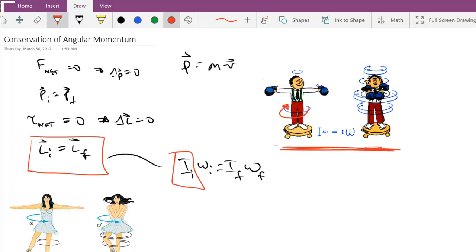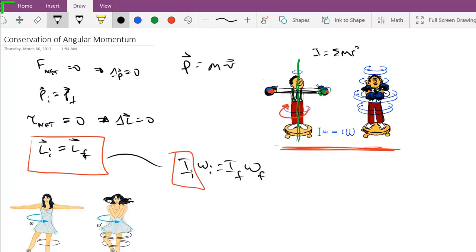As he has these barbells out on the far edges, his mass distribution is very far from his axis of rotation. The axis which he's rotating around is right here, and he has a lot of mass far from it. Remember that the rotational inertia is the sum of all this mass times how far away it is squared. And so he has a very large moment of inertia when the mass is placed far out here.